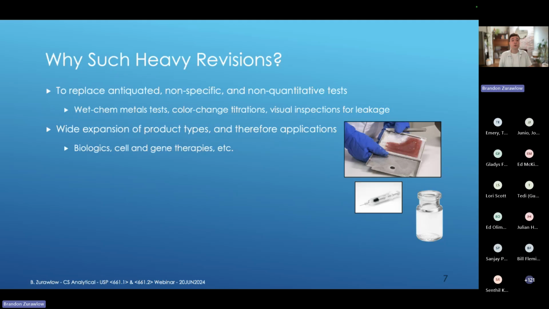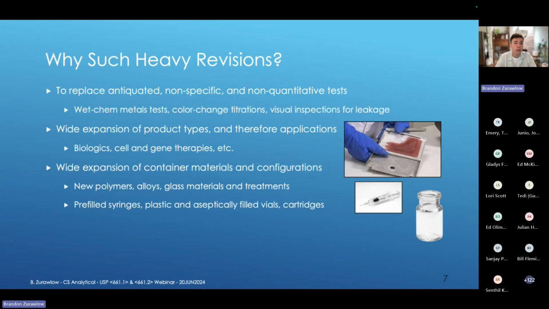However, with a lot of new products, there are a lot of new packaging requirements. So biologics, cell and gene therapies, for example, we're looking at polymer-based cryogenically stored bags, polymer-based vials and syringes, etc., and even pre-filled syringes, something that was not necessarily commonplace 30, 40 years ago.